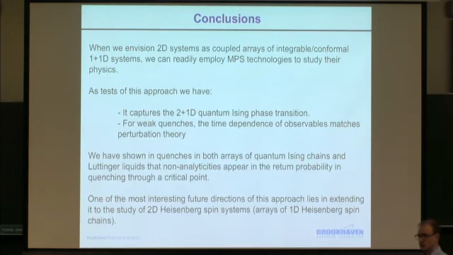Now, all this work has been done with coupling together continuum field theories. I think one of the more interesting directions that this work will take in the future will be, instead of coupling together continuum field theories, coupling together integrable lattice models, and particularly 1D Heisenberg chains, thus realizing a way of attacking problems related to 2D Heisenberg models of various configurations.